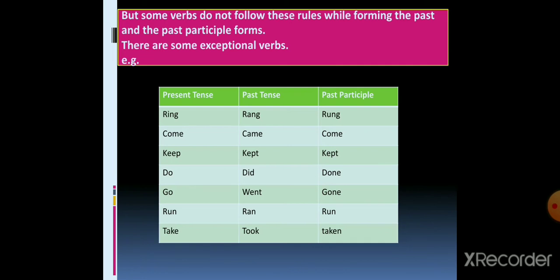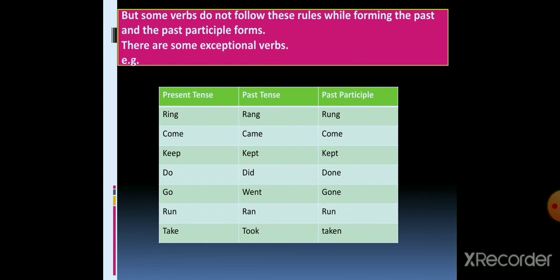You can search, make a list. Every day 20 are more than enough for your practice, and this is the only way to improve your vocabulary, to improve your collection of verbs. Okay, if you want to be perfect in all tenses, this is your first job. You must have all this collection of verbs. Then only you can start the study of tenses.